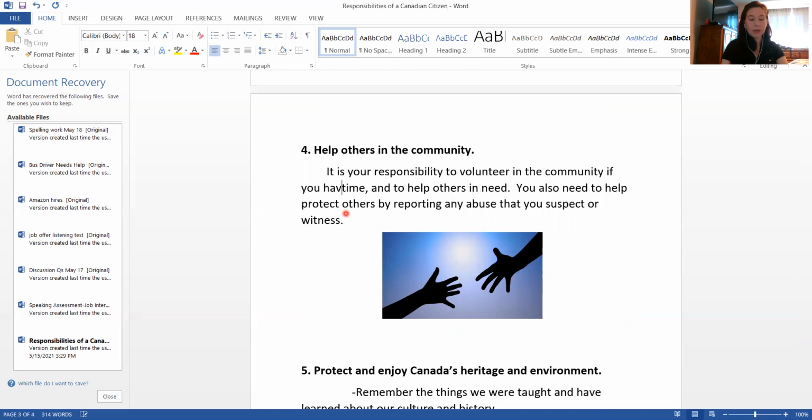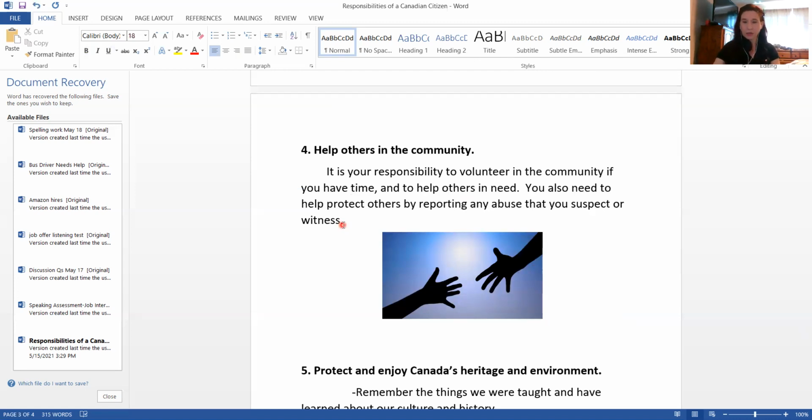So there are many volunteer opportunities in Canada. Some of those might include helping at a soup kitchen, volunteering at your child's school, volunteering with your religious organization, a child's sports team, and the list goes on.